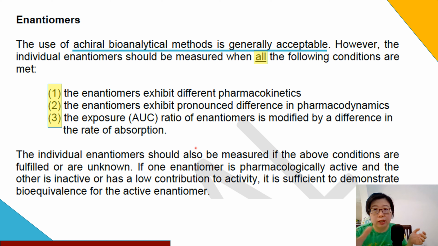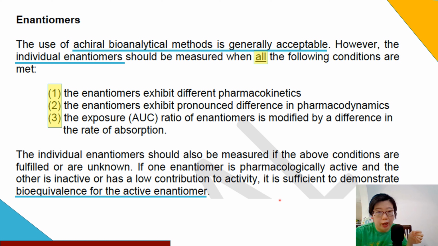So again, the drugs that fit into these three criteria will be spelled out in the guidelines as well, when you check out the individual drugs, and then you know what you need to do, right? So in most of the cases over here, sometimes if one is active and the other one is inactive, it's sufficient to just do the BE study analysis on the active enantiomer only.